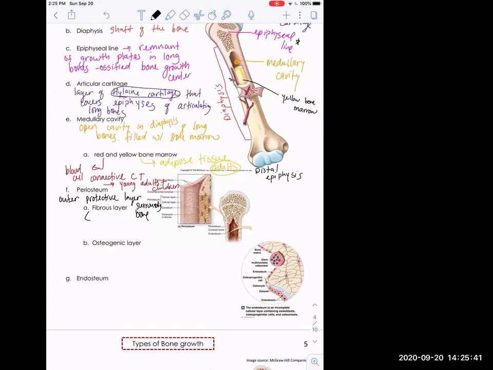A fibrous layer, this is a connective tissue, abbreviate connective tissue CT. A dense connective tissue layer. This is the more superficial layer. And the fibrous layer actually has protein fibers that penetrate the bone tissue.